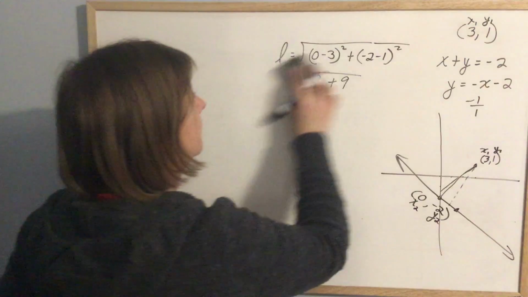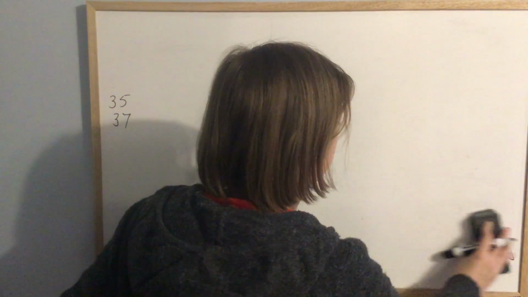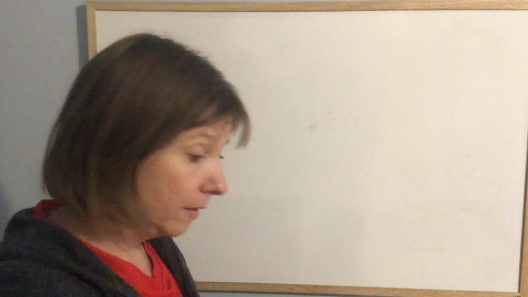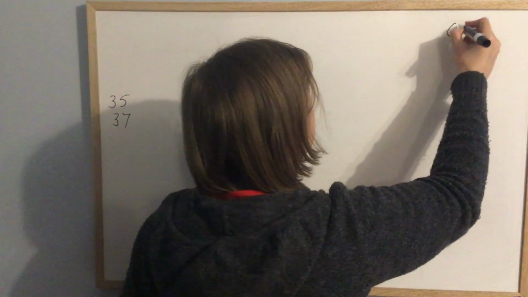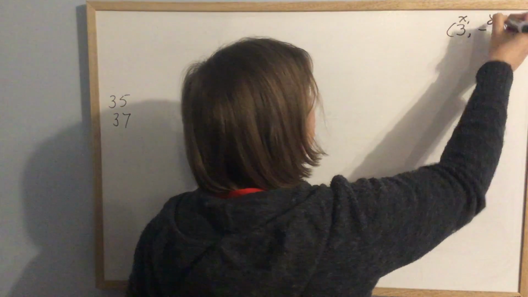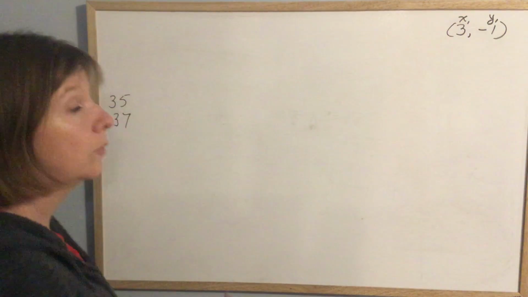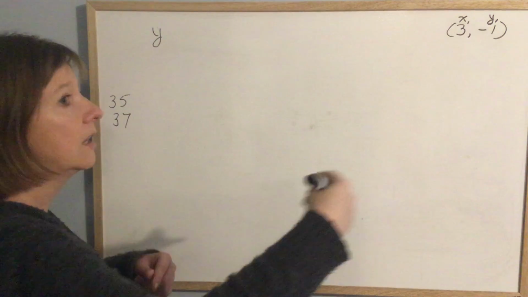35. This time the point is 3 and negative 1. So again, that's an x1 and a y1. So when I go to figure out my line, I already know I'm going to do y minus negative 1.